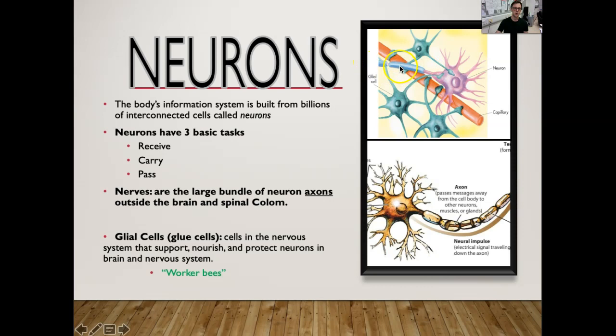The long, thin part, and then you have these glial cells supporting the myelin, right, which insulates and protects it. So they're known as the worker bees, and we have about 10 to 1 glial cells to our neurons. So we have a lot more glial cells in our body than we do neurons.